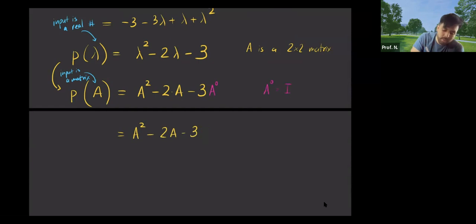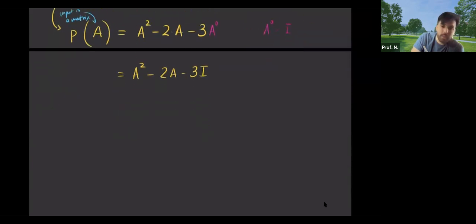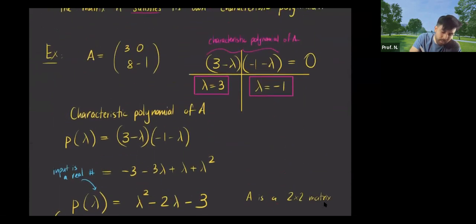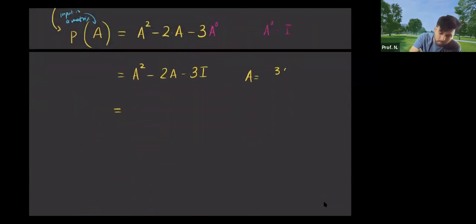Now, what happens when I compute this? Well, what was A? A is 3, 0, 8, -1. So when I square this, what would I get?